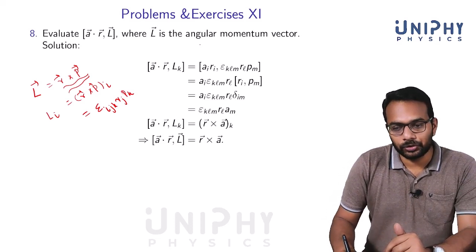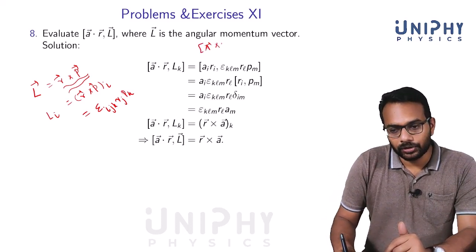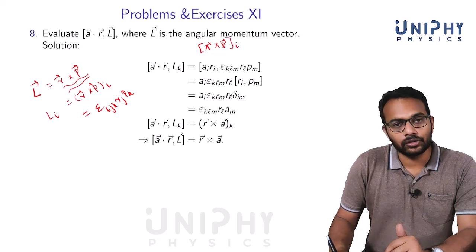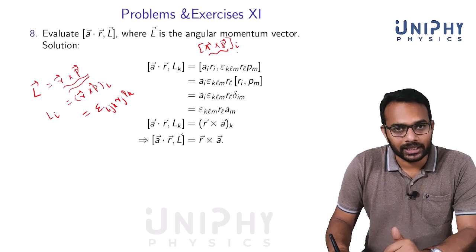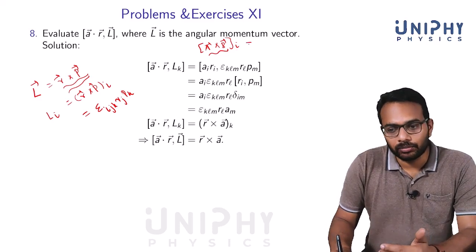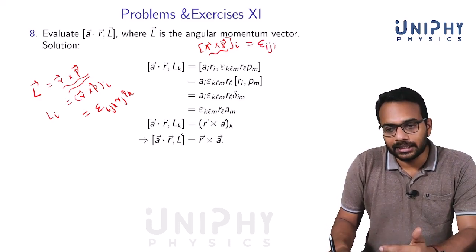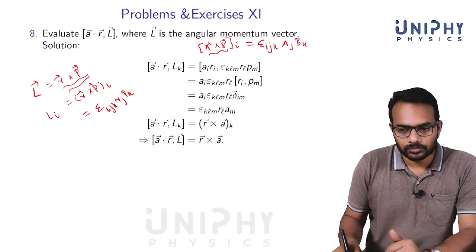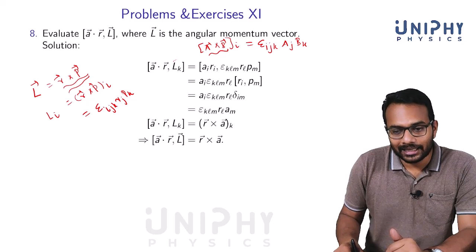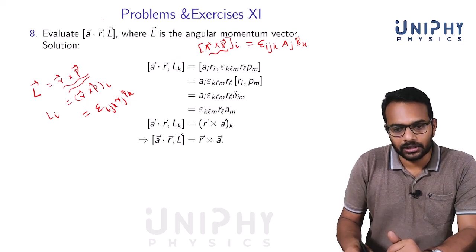So it's a thing for you to remember. The ith component of a cross b. You know that a cross b is a vector, so it will have components. The ith component is given by epsilon_ijk a_j b_k. That's why I have written this L_k here. I am using only the kth component, even though there's a vector here.